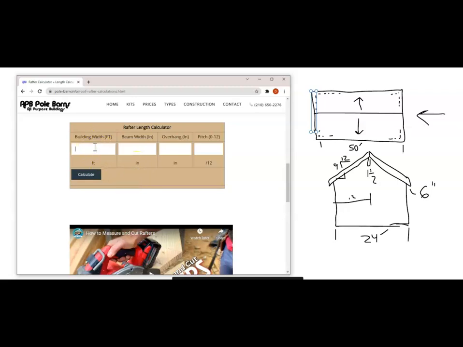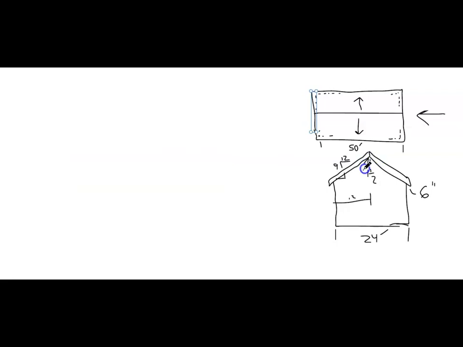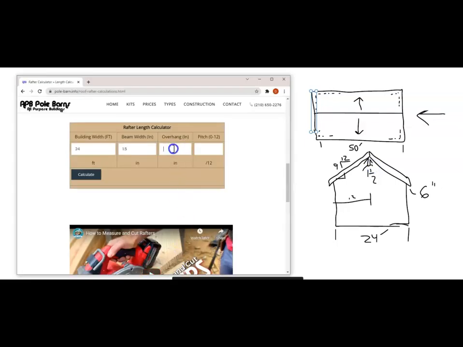The building width we'll put in 24 feet. The beam width is the ridge, which is 1.5. The rafters sit on it, so that's why that's deducted. The overhang is 6 inches, and the pitch is 9/12.